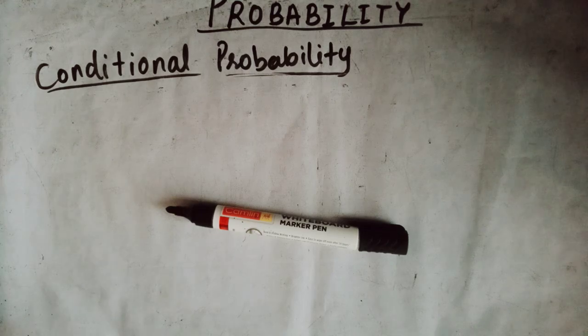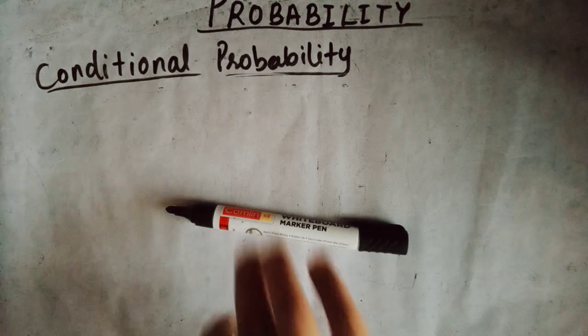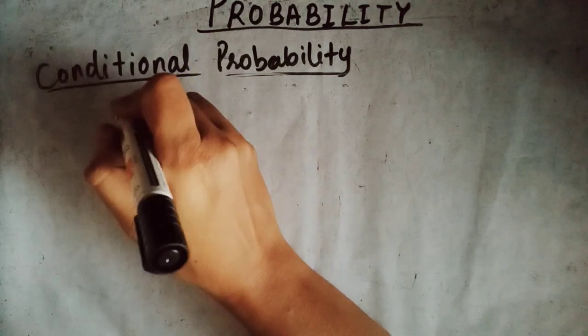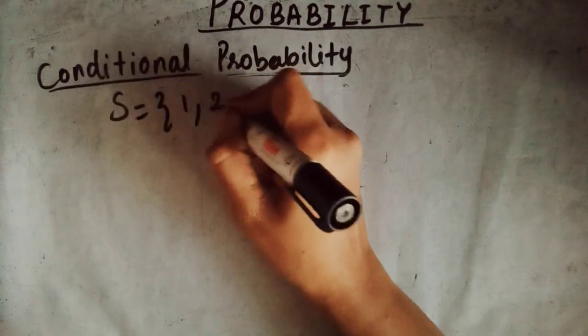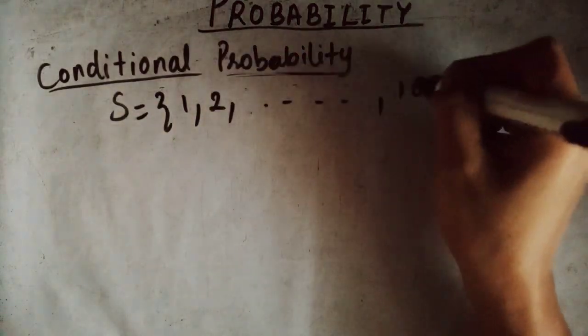Let's see the second question. 10 cards numbered 1 to 10 are placed in a box, mixed up thoroughly, and then one card is drawn randomly. If it is known that the number on the drawn card is more than 3, what is the probability that it is an even number? So our sample space is 1 to 10, right?